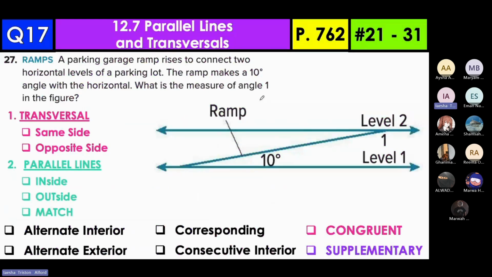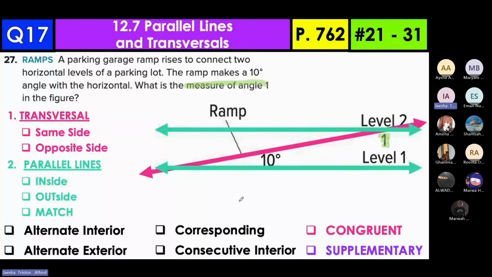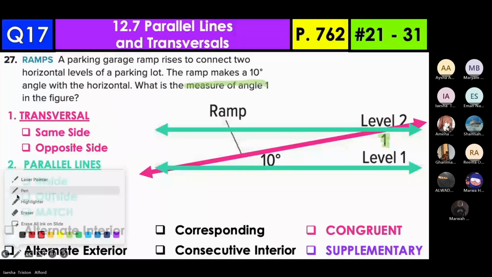So this is question number 27. They want to know the measure of angle number 1. So here is angle number 1. First thing you should do in the exam is mark your parallel and your transversal. Then you have to try to say the name. So for this one, you have this angle and 1.